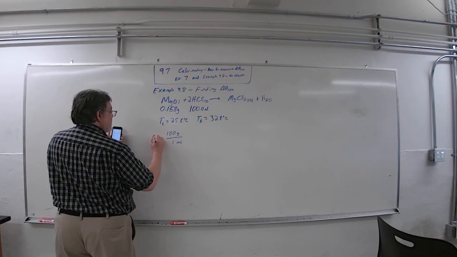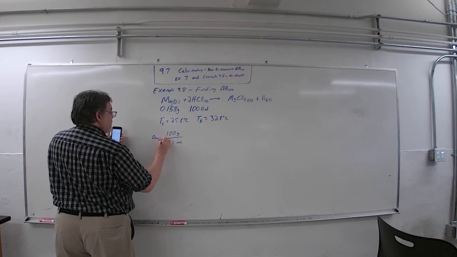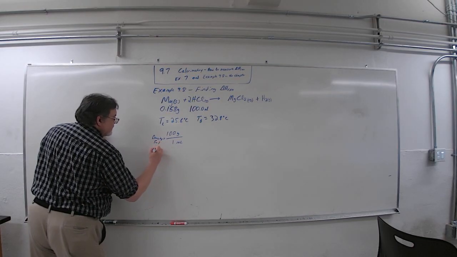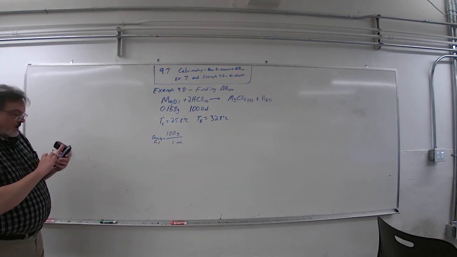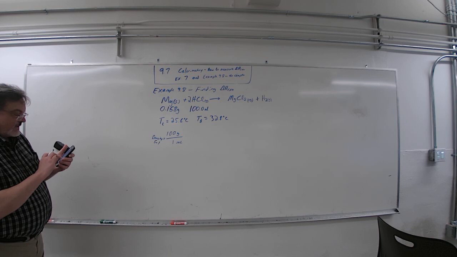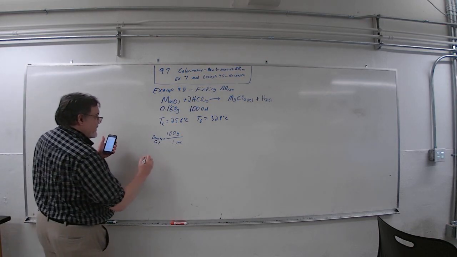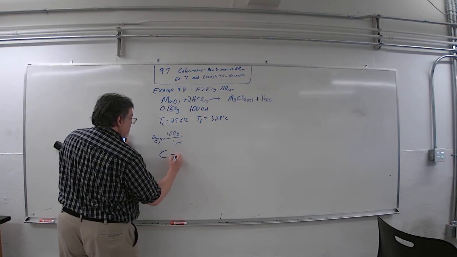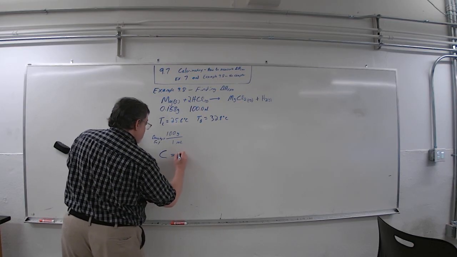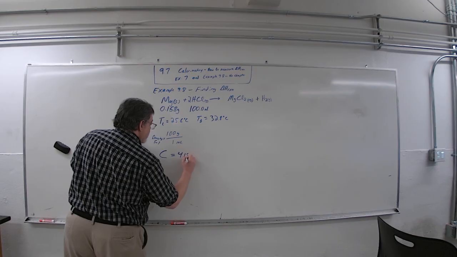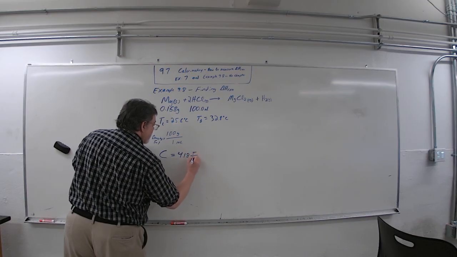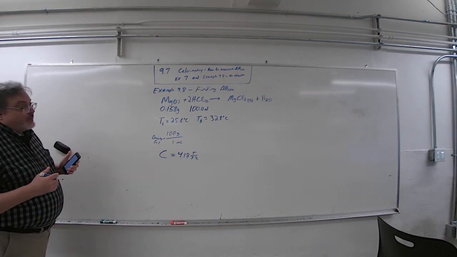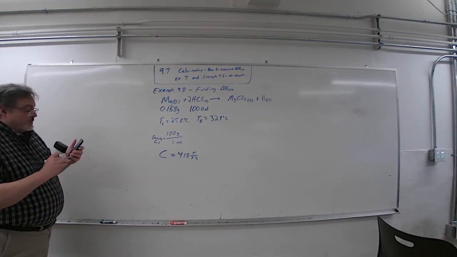That's the density of the solution. And they tell you the heat capacity of the solution. We'll call it C. It is 4.18 joules per gram degree C. From that information, you can find the delta H of reaction.